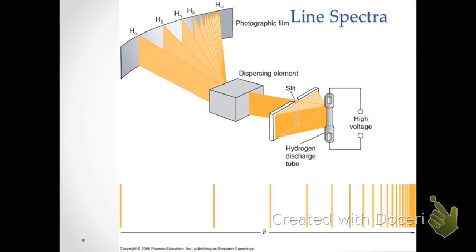You know from past chemistry classes that if you take a discharge tube containing some gas like hydrogen gas, as indicated here in this particular tube, and you take the light emitted from that discharge tube connected to a high voltage source and use various dispersing elements, you'll find that the light emitted contains very discrete wavelengths.